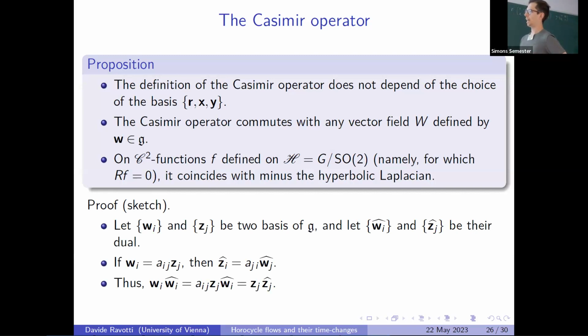If you have a matrix that tells you the change of basis from this one to this one, then the corresponding change of basis in the dual space is given by the inverse transpose. So if the change of basis is given by some matrix A_ij, then the matrix given by the change of basis in the opposite direction is the transpose. So that when you multiply an element times its dual, you have a matrix times its inverse transpose, and they cancel out. This is a computation.